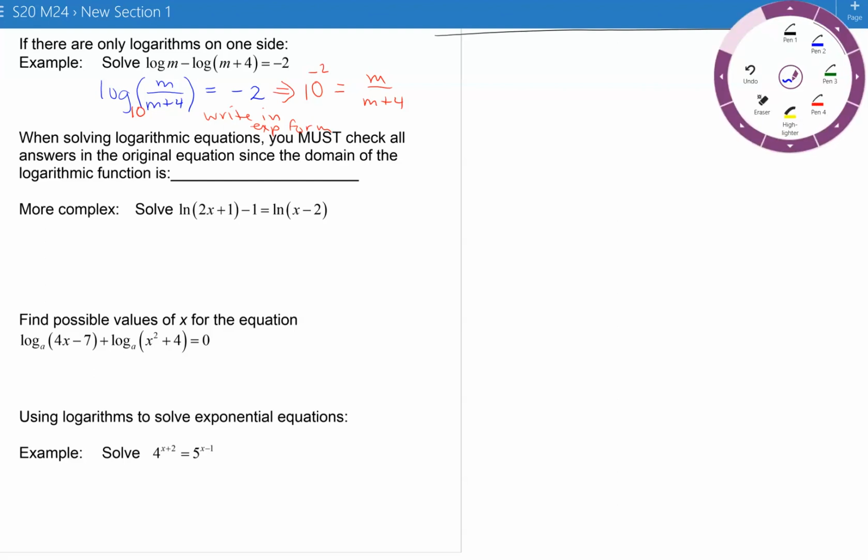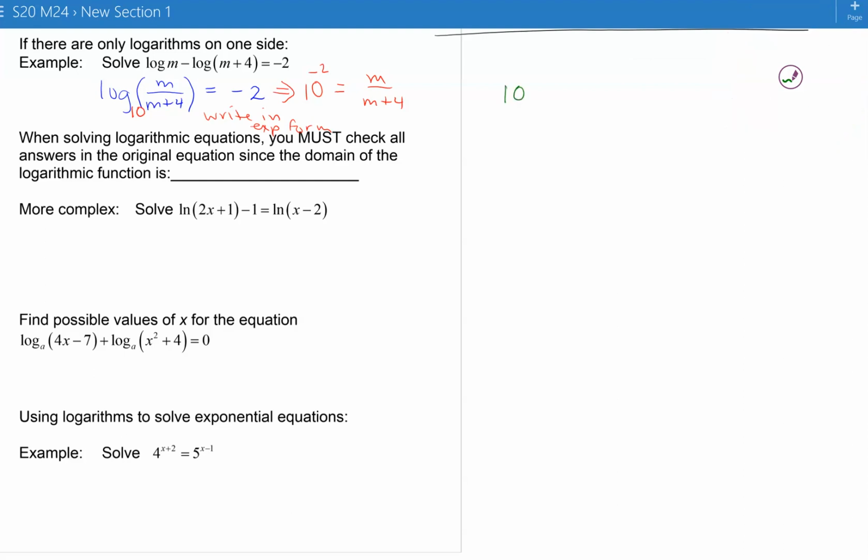So again, we're trying to solve for something that's in the denominator. So we should multiply both sides by m plus 4. And we'll have 10 to the negative 2 m plus 4 times 10 to the negative 2 equals m.